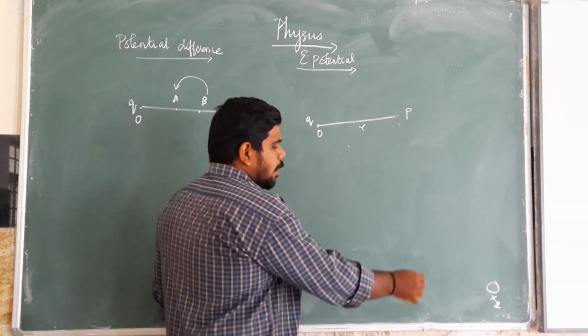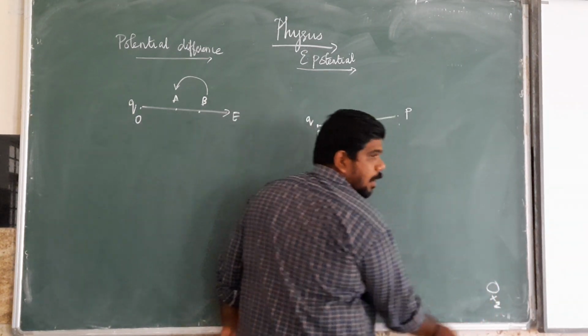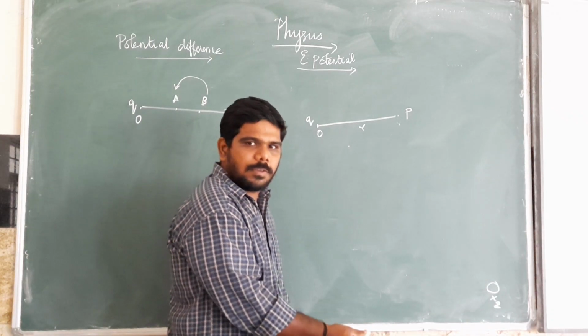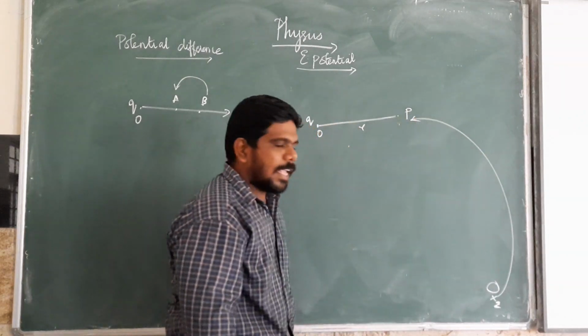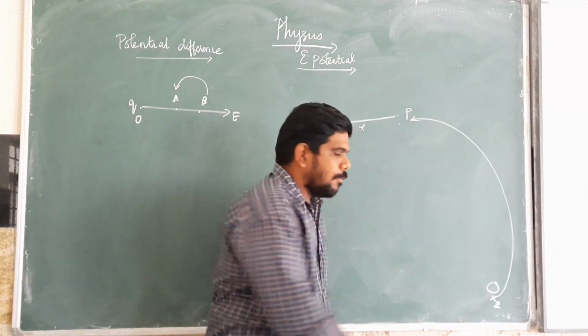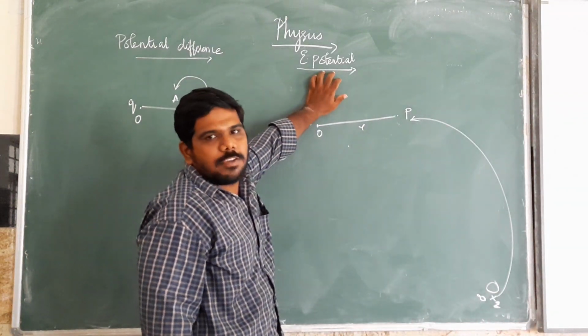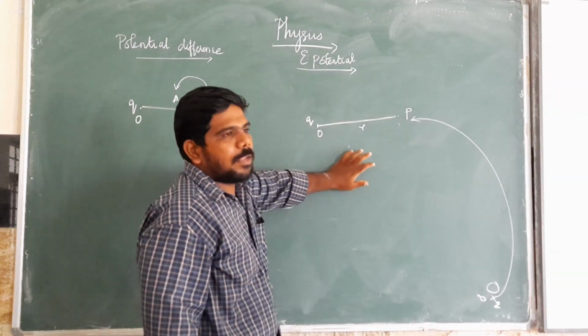The amount of work done required to move a positive charge from infinity to the point is called the electric potential.